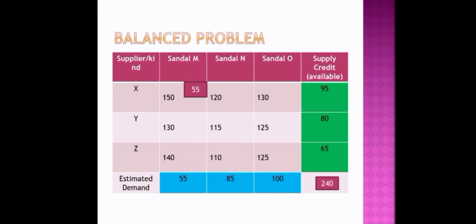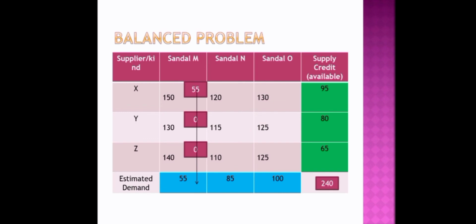Since 55 completely meets the demand, which is 55, we will put zeros there and there, and after that we will put a line in this area. We need to adjust the supply and demand by subtracting the allocated quantities. Since the allocated quantity is 55, 55 minus 55, the estimated demand, is equal to 0.